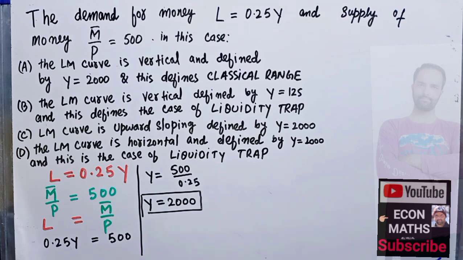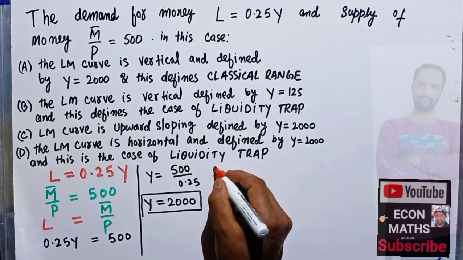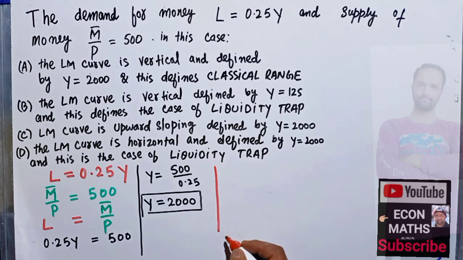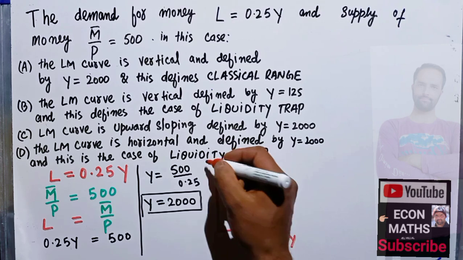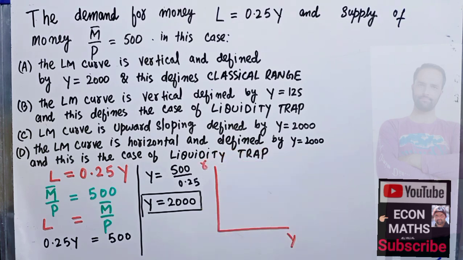And graphically, what exactly is meant by this? If I draw the LM curve, we have the income on the horizontal axis and the rate of interest on the vertical axis. Here we have seen that income is not a function of the rate of interest. If I draw y = 2000, it will look like this.